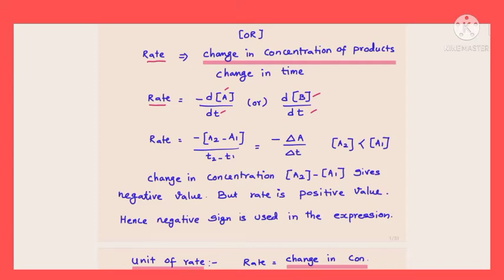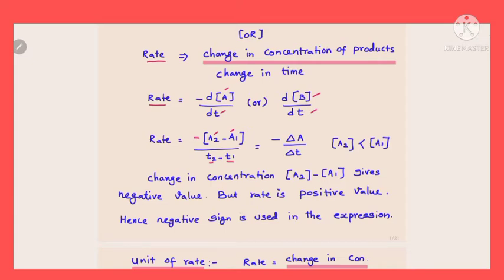Further, it can be written as rate is equal to minus of A2 minus A1 divided by T2 minus T1. Here A2 is the final concentration of reactant, A1 is the initial concentration. Similarly, in the denominator, T2 is the final time and T1 is the initial time. Since this is reactant, we use a negative sign to get a positive rate value.